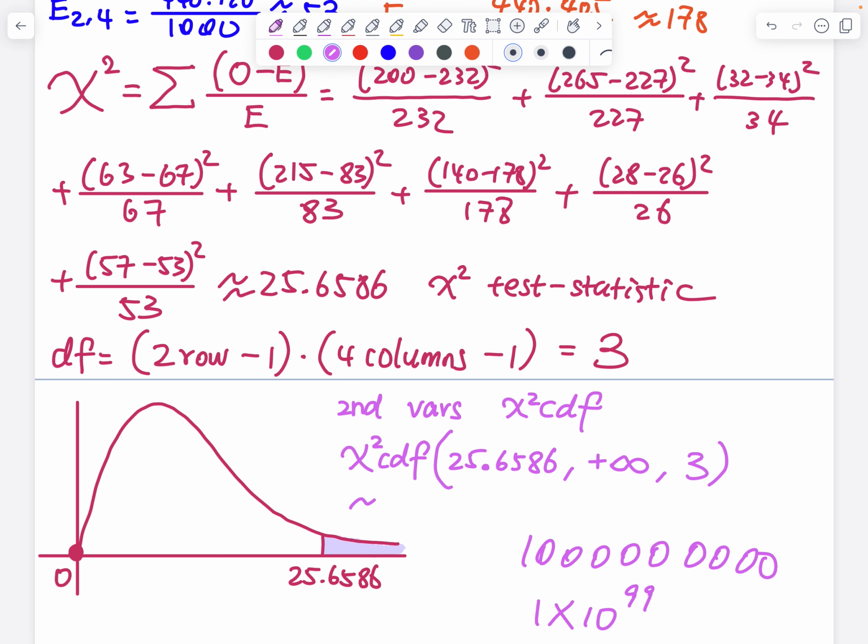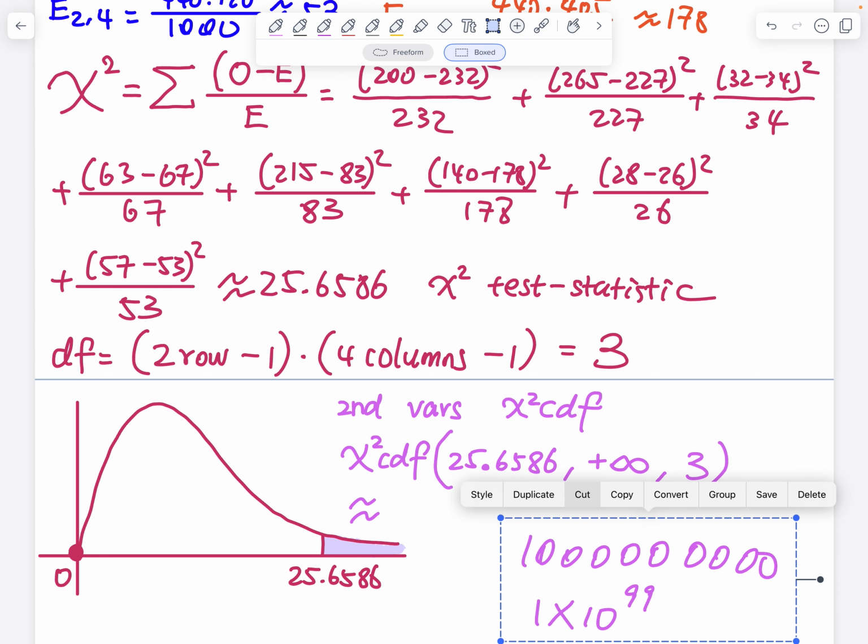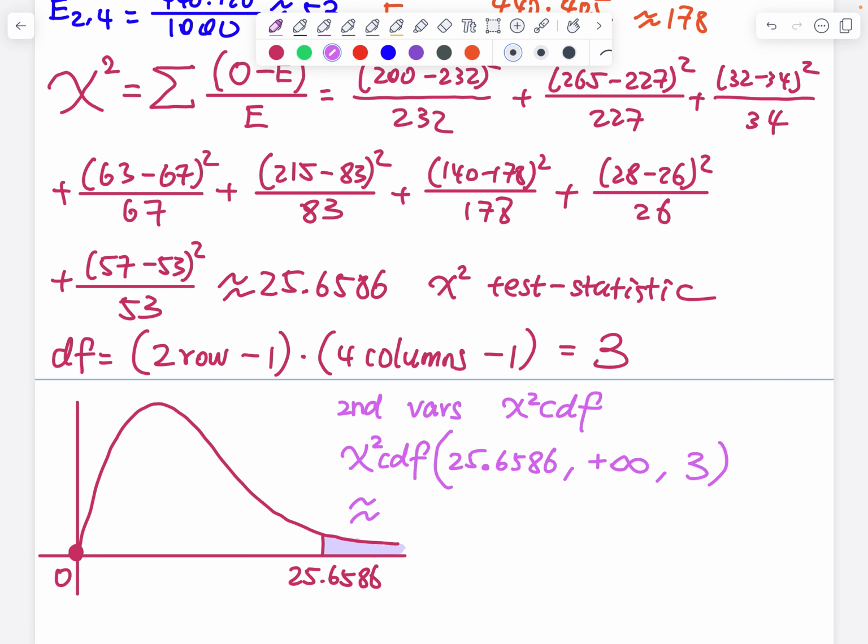And then what is that equal to? This is approximately equal to, and then let me type my degree of freedom, and I got 1.12433095, and then I see an E to the negative 5. In this video, I won't show any calculator screenshot.